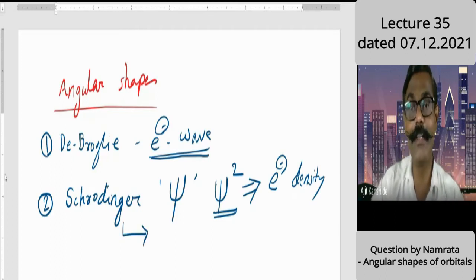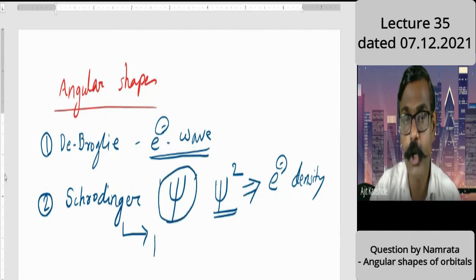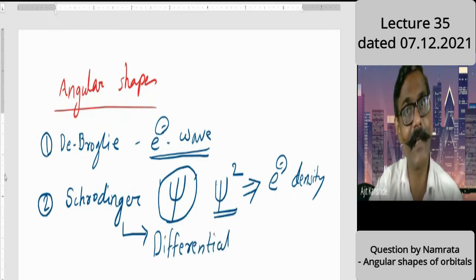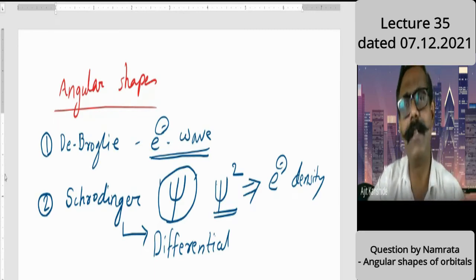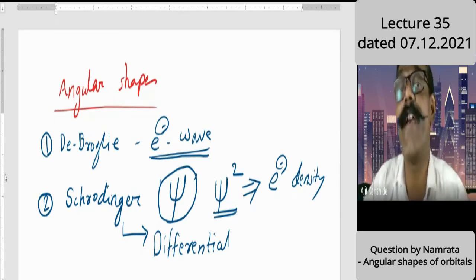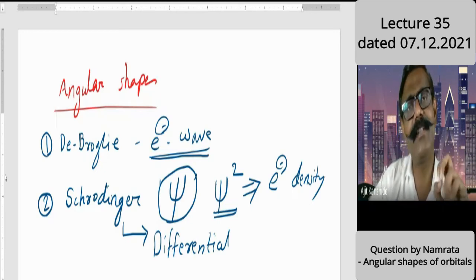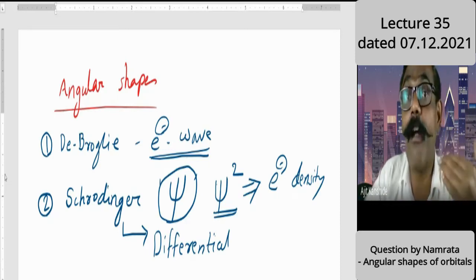What Schrodinger said is that if you solve this wave function, which is a differential equation, those who have studied a little mathematics will understand. Consider a simple linear equation, y equals mx plus c. But when terms like x square, y square or xy come, it will be a quadratic equation.